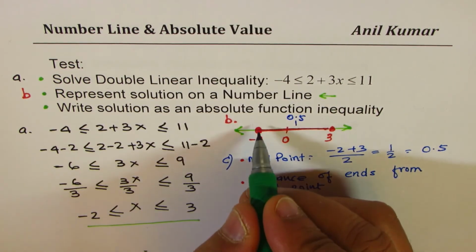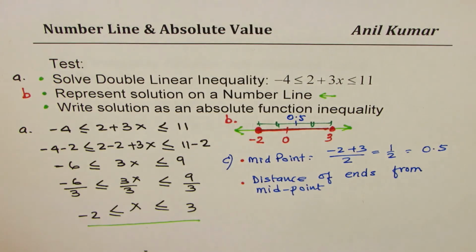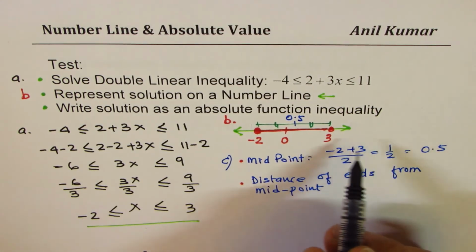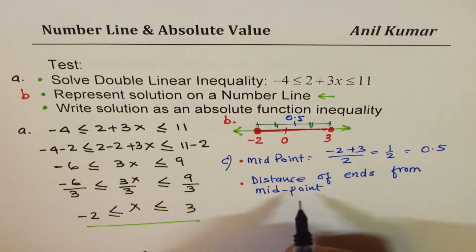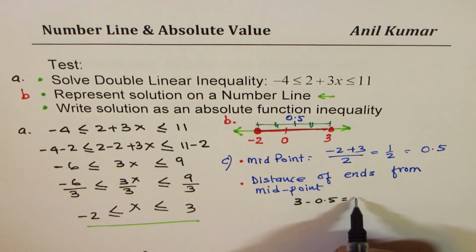Perfect. So take the positive value. Both are the same distances, right? So we have 0.5 somewhere here. We are looking for these two distances, right? Both are equal, from minus 2 and from 3.